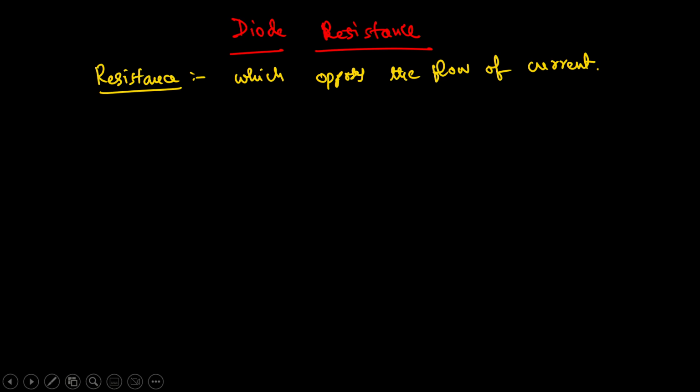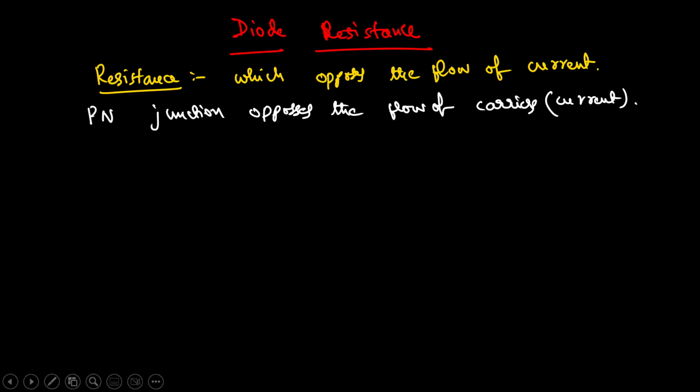In forward bias, the PN junction opposes the flow of majority carriers, and similarly in reverse bias, the PN junction opposes the flow of majority carriers. So finally the PN junction opposes the flow of majority carriers, so we can write that the PN junction acts as a resistance. So the resistance offered by the PN junction diode is called diode resistance.